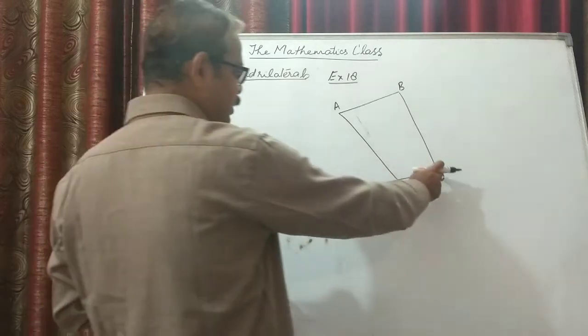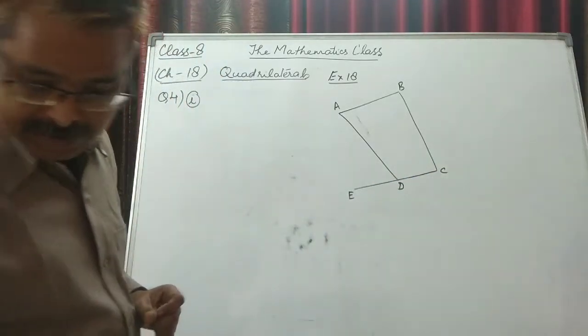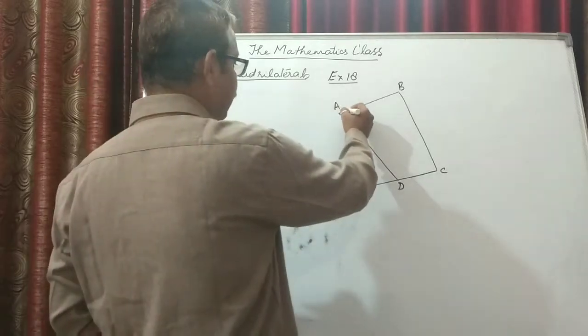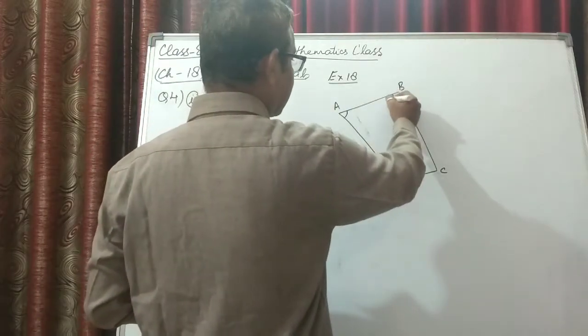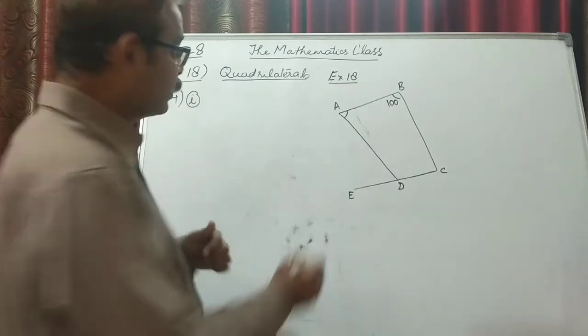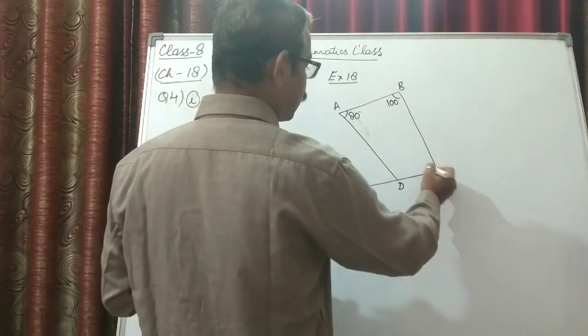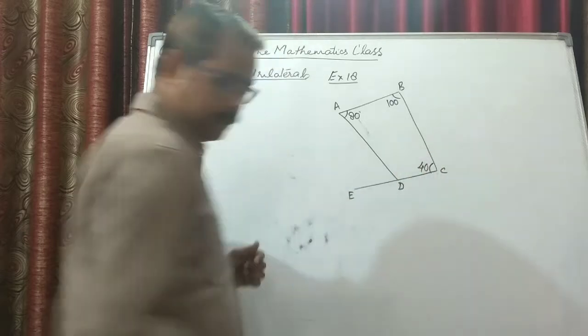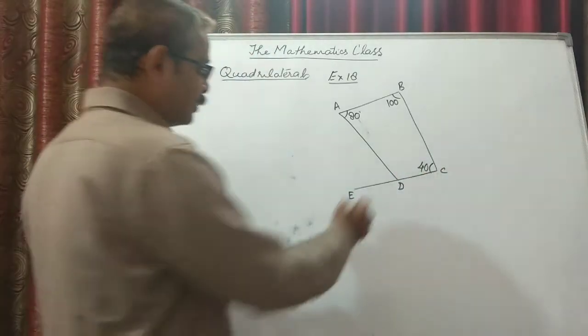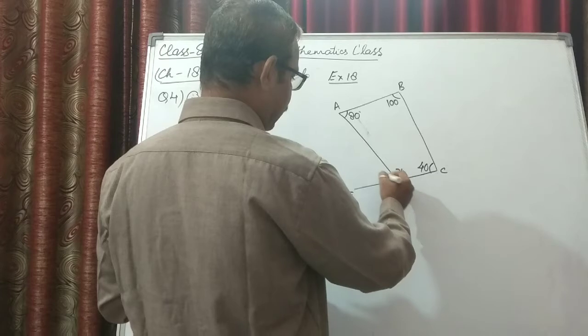And then the side CD has been extended to E. And then they say that this angle is given 100 degrees, then this is 80 degrees, this is 40, and then this one is angle X and this one is angle Y.